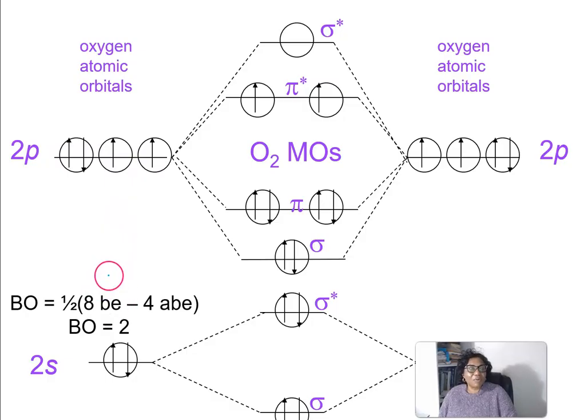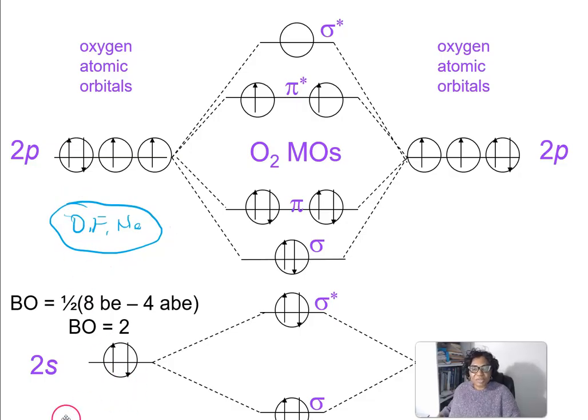And remember, for oxygen, fluorine, and neon, from calculations of computer, this is how their molecular orbitals look.